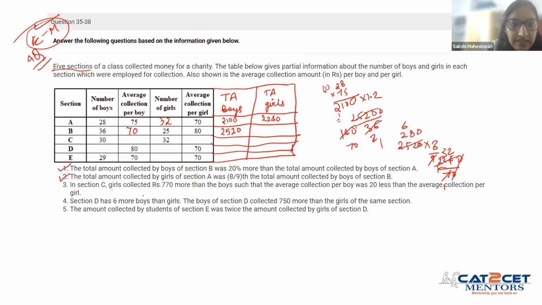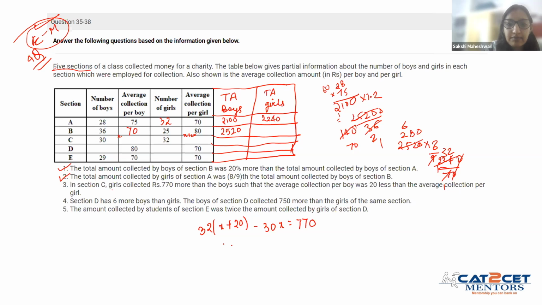Now let's go. In section C, girls collected 770 more than the boys. Okay, girls collected. So let this be some X. Since the average collection per boy was 20 less, if this is X, then this has to be X plus 20. And girls collected more. So 32 into X plus 20 minus 30X has to be 770.